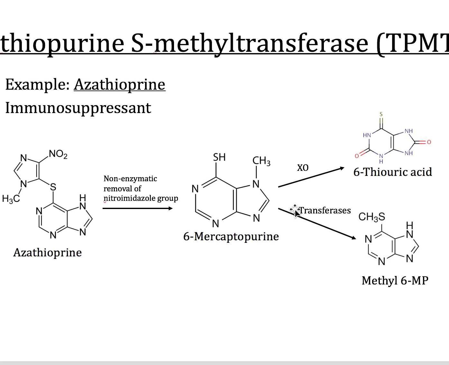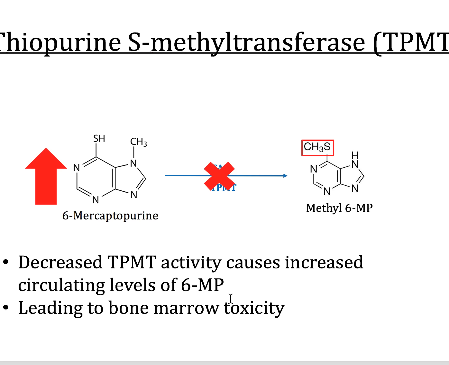This is formed from the xanthine oxidation reaction, with 6-thiouric acid. Then TPMT usually converts this via the addition of SAM into an inactive form by methylation. So it decreases toxicity.